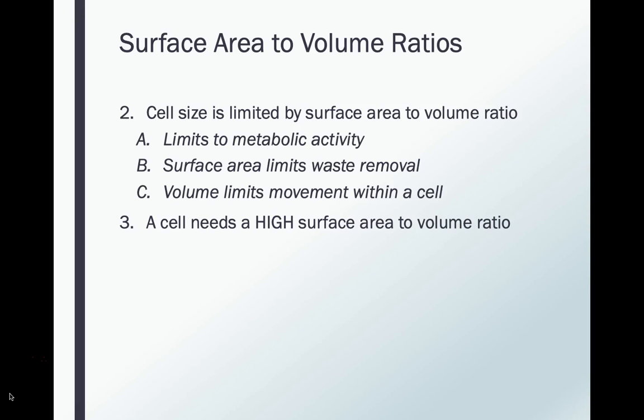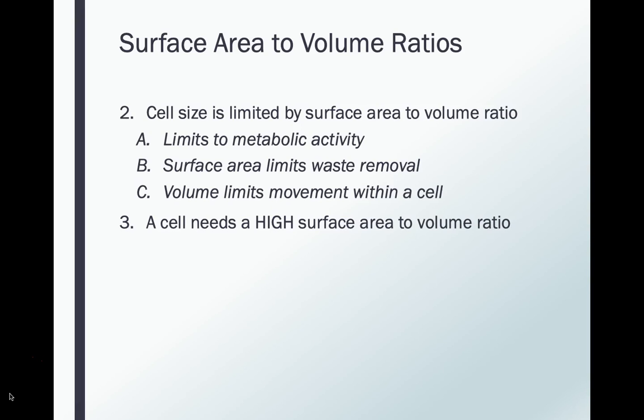And then I actually started with volume. Volume limits movement within the cell. So if the volume of the cell is too big, the cell cannot efficiently move things around in it. We'll talk a little bit later about what kinds of things it's moving, but the cell needs to be able to move things within the cell.